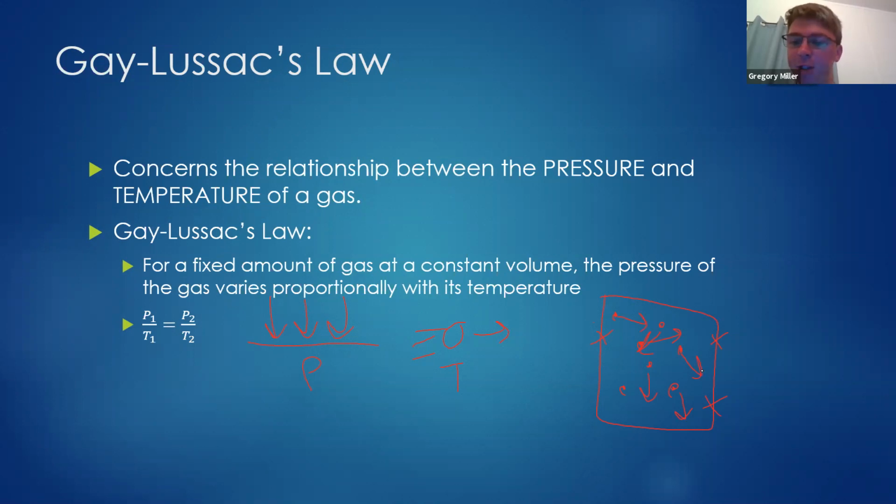They're moving faster, so they're clearing that entire container faster and faster and faster, and you're getting more and more collisions with the walls of that container. So as your temperature went up, you get more collisions because they're moving faster. If you get more collisions, that means your pressure is higher as well. So again, you can plug in arbitrary numbers to confirm that with some numbers. You can think about it realistically. You can memorize it, whatever works best for you.